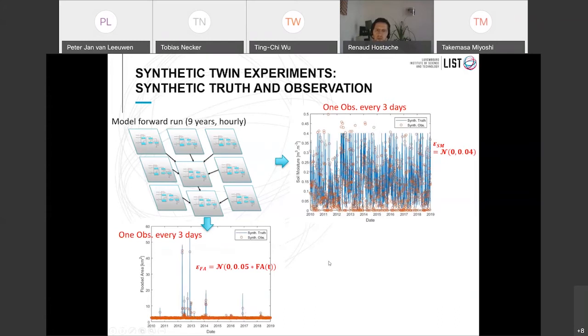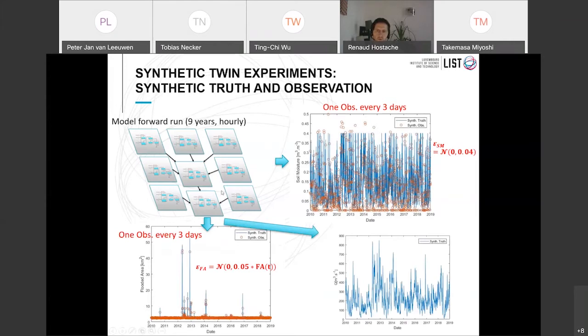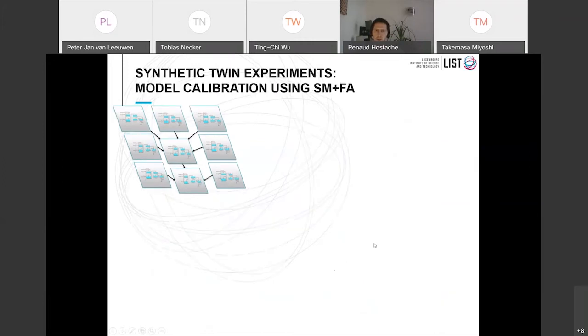What we also get from the truth forward run of the model is the discharge time series, which is used as a further control of the model and the assimilation. So as a first experiment, we assimilate jointly soil moisture and flooded area.